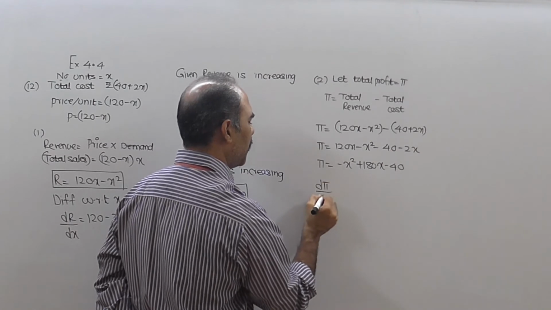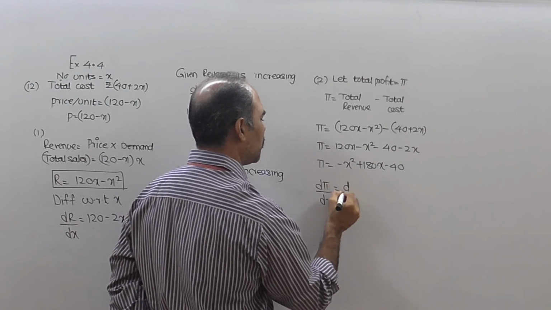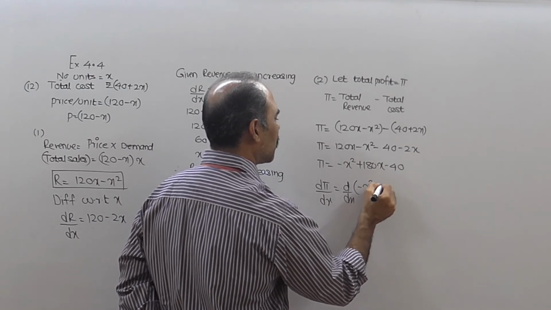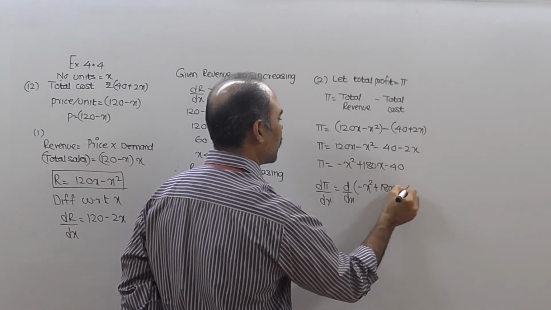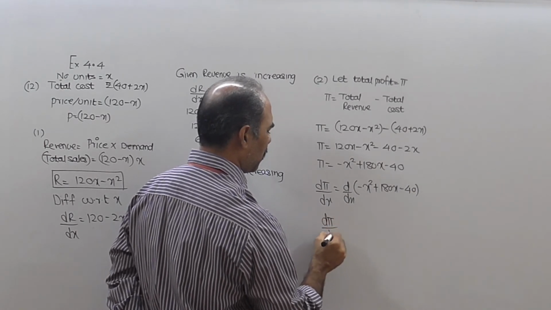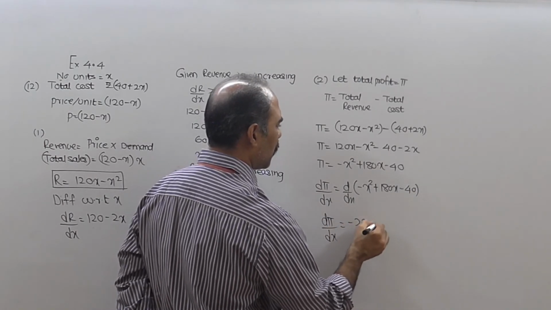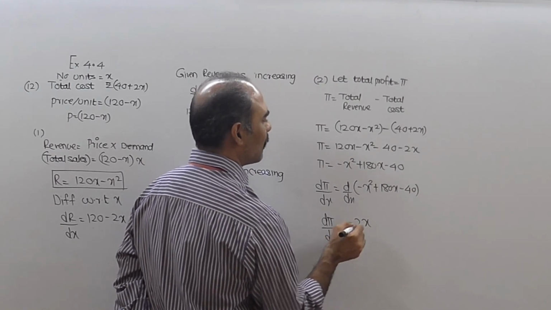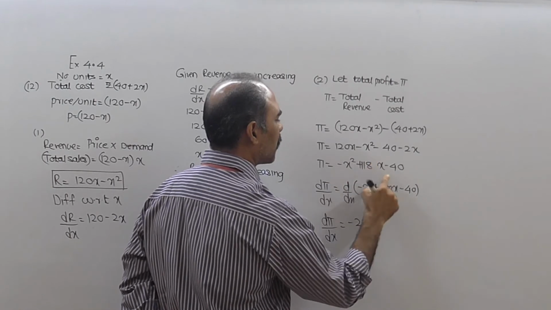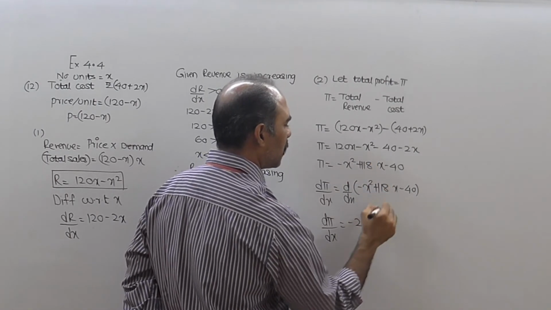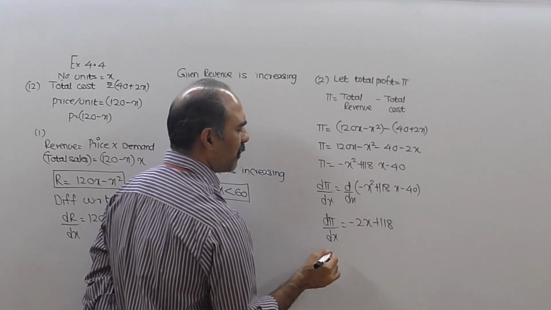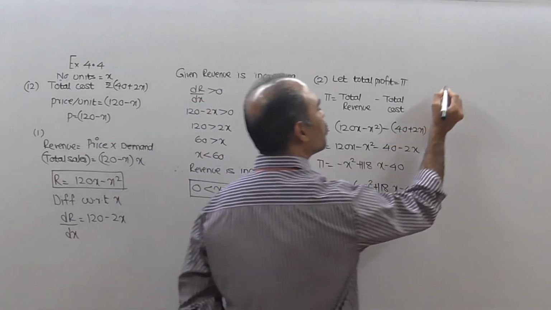Find the derivative, d pi by dX, which is equal to d by dX of minus X square plus 118X minus 40. So we get d pi by dX equal to minus 2X, sorry, my mistake, plus 118, derivative of 40 will be equal to 0.